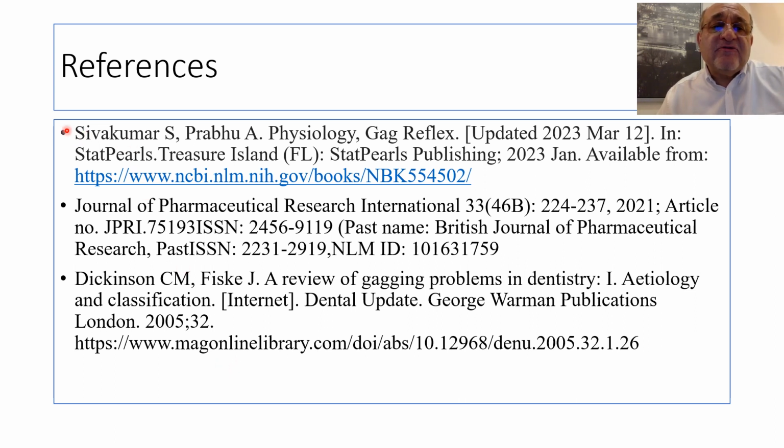This is a very good reference for the innervation for the glossopharyngeal and the vagus and the trigeminal nerves. It's a very good article, and actually I've used most of the material from this article.